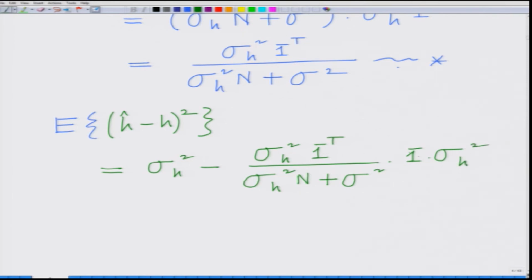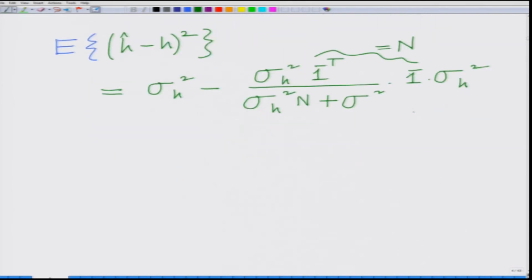Now look at this, 1 bar transpose into 1 bar is basically equal to n. So finally, I am going to have sigma_h square minus n sigma_h raised to the power of 4 divided by (sigma_h square n plus sigma square).